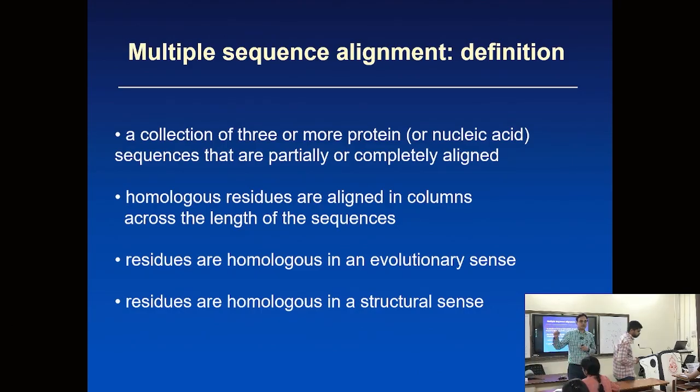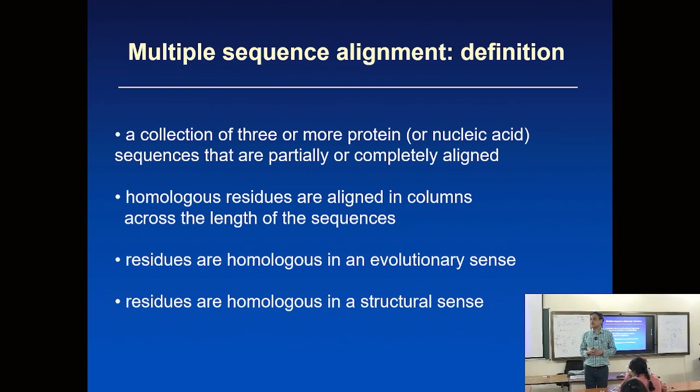The aligned residues in a column are homologous in a structural sense, or could be homologous in an evolutionary sense, or in a functional sense. They could be conferring similar or related functions.